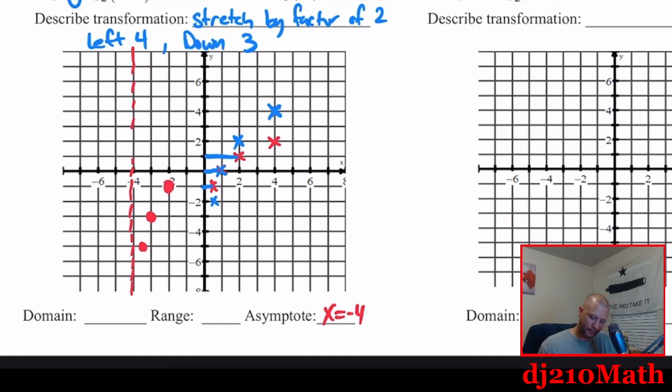Third one. Then lastly, 1, 2, 3, 4. 1, 2, 3. All right. Connect the dots. There we go. Domain. Asymptote towards infinity, -4. Range, all real numbers. Okay, so stretch first and then move.